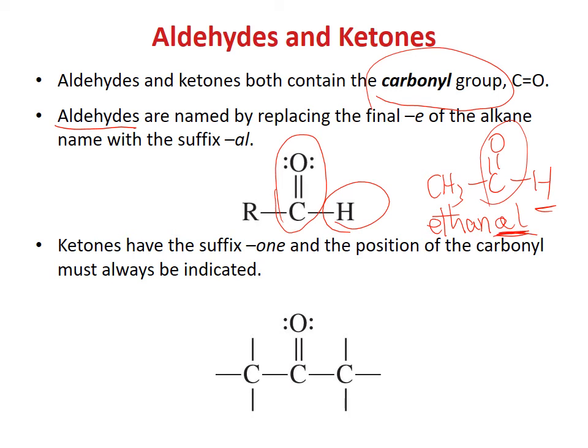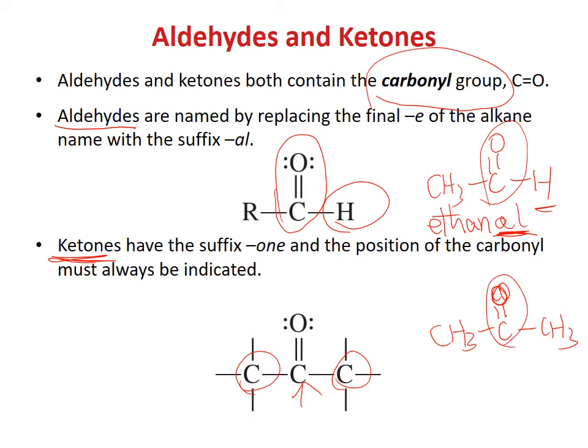Okay. Now, when both sides of the carbonyl carbon are carbon atoms, with no hydrogen, this is a ketone. For example, here you have a ketone. This is the carbonyl group, and both sides are carbon, no hydrogen, so it's a ketone.